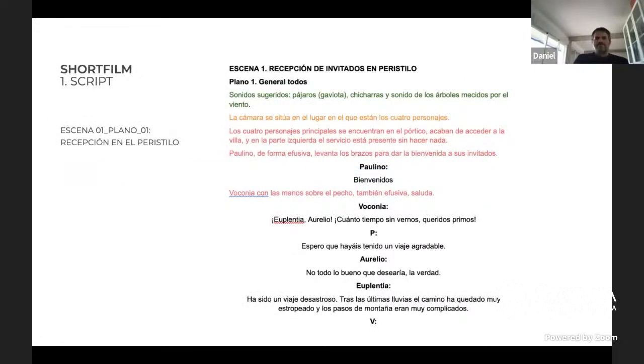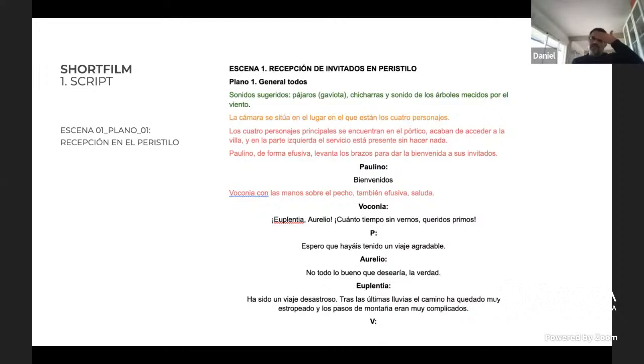So these three things are similar, but they are not exactly the same. When we are going to model something in 3D, it is always very useful. Sorry, this is a script, and this is actually in Spanish, but it's just an example of a script, like any other script in film or TV or similar.